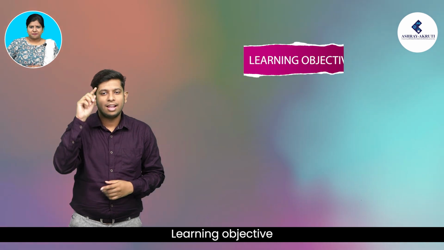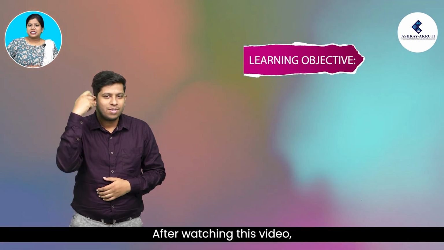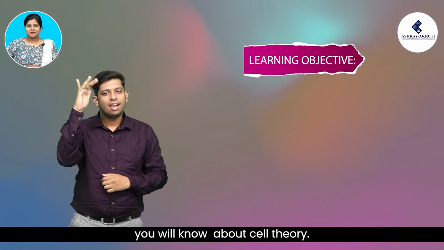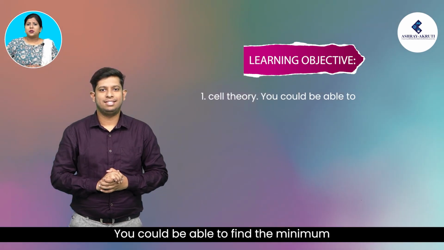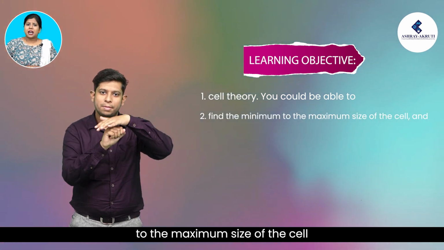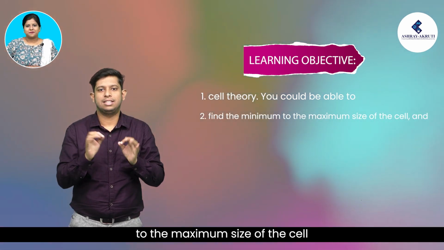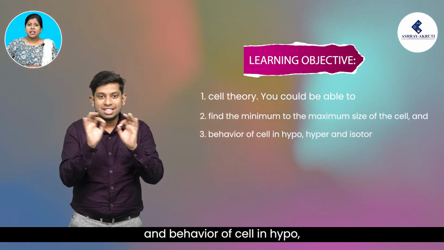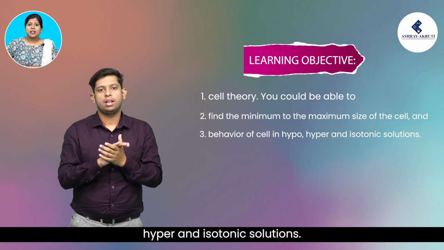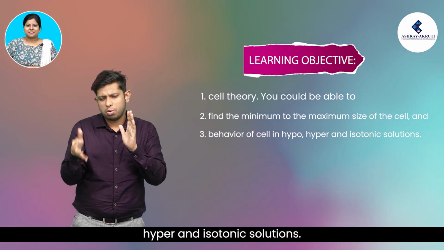Learning objective. After watching this video, you will know about cell theory. You will be able to find the minimum to maximum size of the cell and the behavior of a cell in hypo, hyper and isotonic solutions.